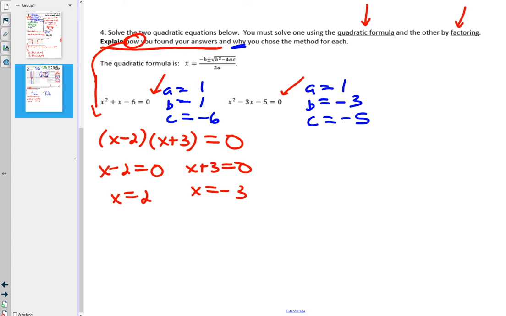So you would say, I chose factoring for the first one because the solutions ended up being rational. That could explain why factoring works, but I wouldn't accept that.